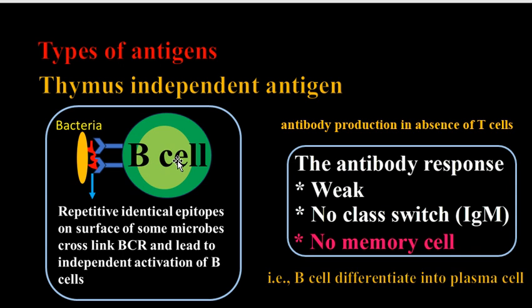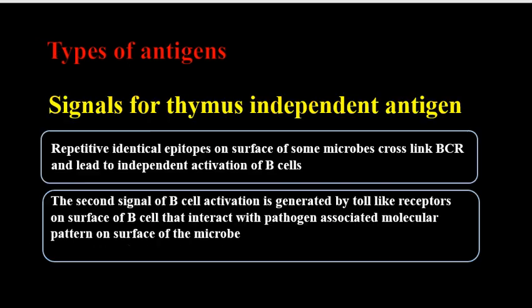The activated B cell produces antibodies, but these antibodies are weak, with no class switch and no memory cells.